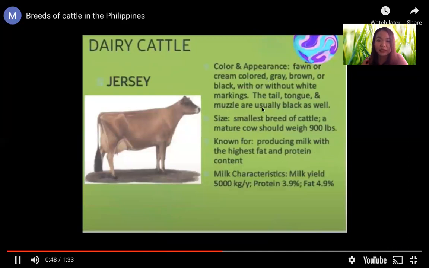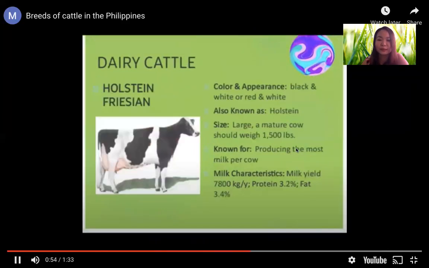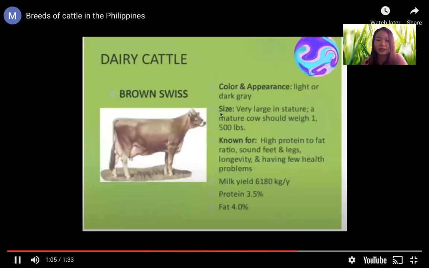The Jersey, ito yung color ng Jersey. It's the smallest breed of cattle known for producing milk. So Holstein or Friesian, ito yung color in appearance, white or red and white, and it's for milk also. So the Brown Swiss is also dark brown, and this is for protein-fat ratio.